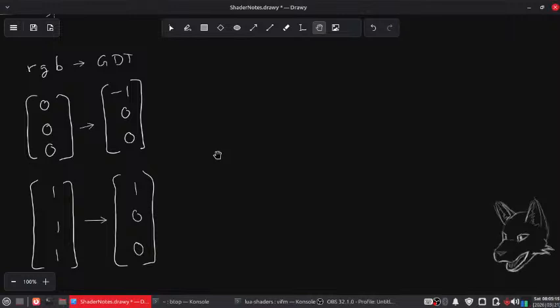Okay, well let's do something easy, right? Something easy would be if we wanted to map 0 to 1 to -1 to 1. We would subtract a half, times 2, multiply by 2, right?